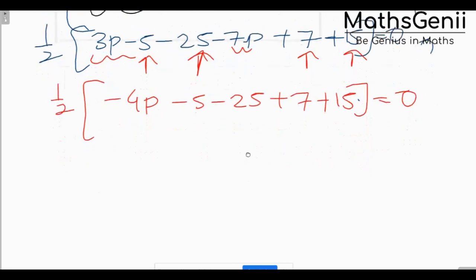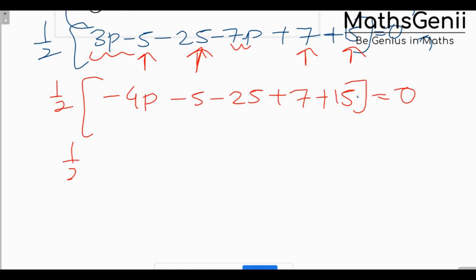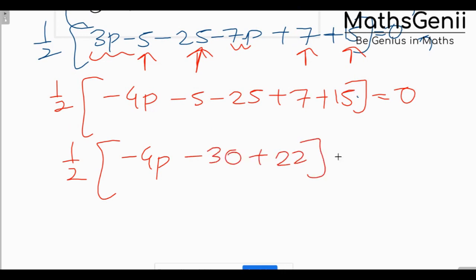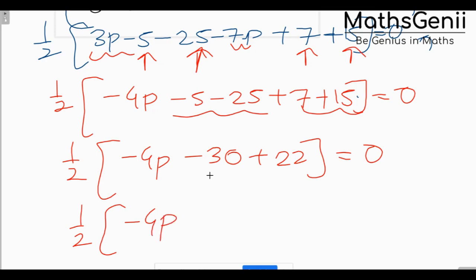What will this become? Half into minus 4p minus 5 minus 25 minus 30 plus 15 plus 7, 22. Half into minus 4p minus 30 plus 22 minus 8, sign of greater number.